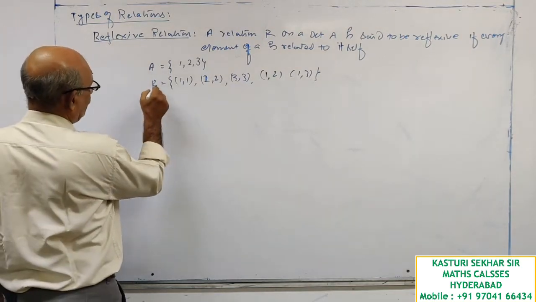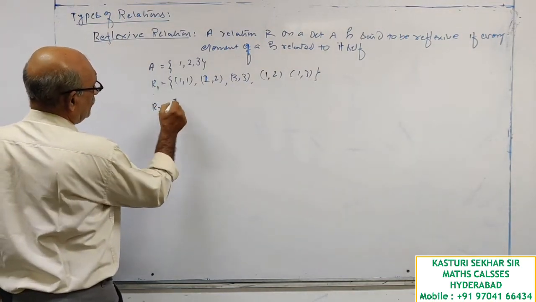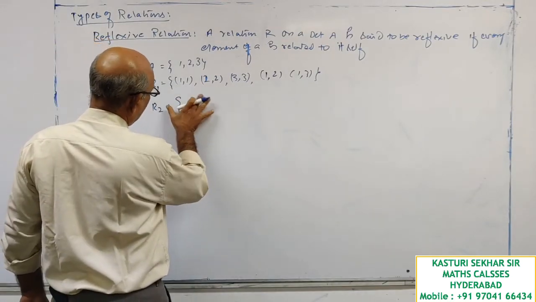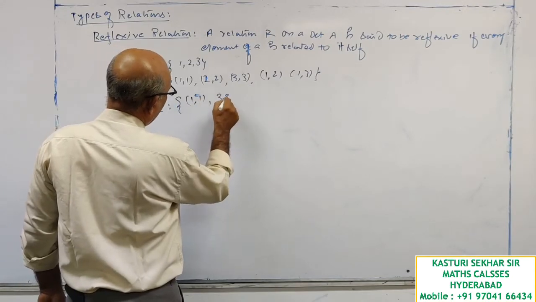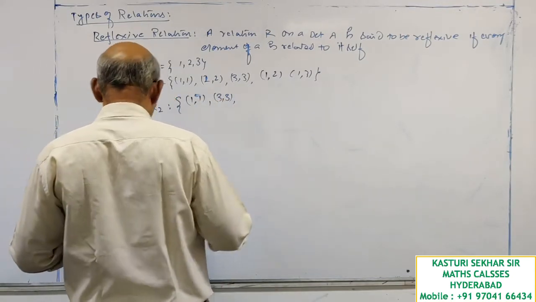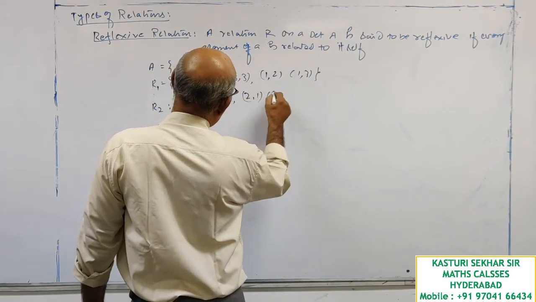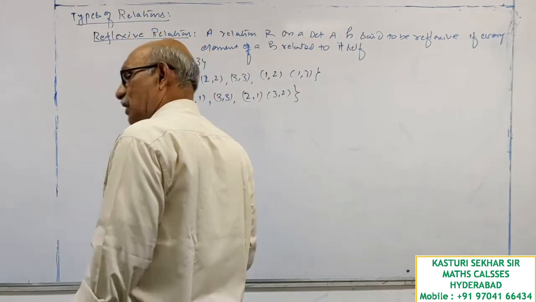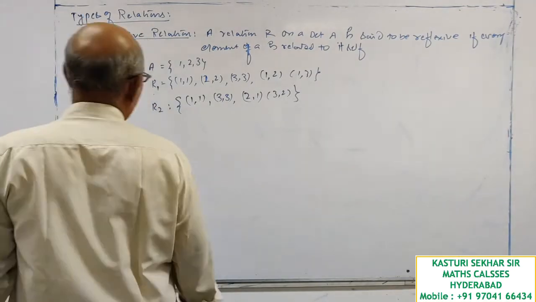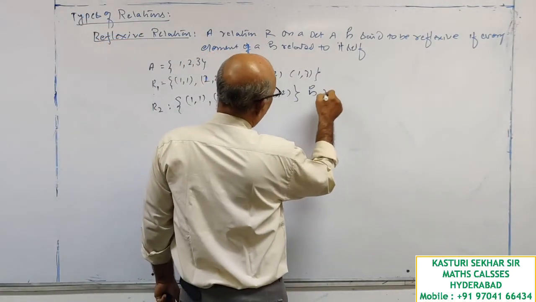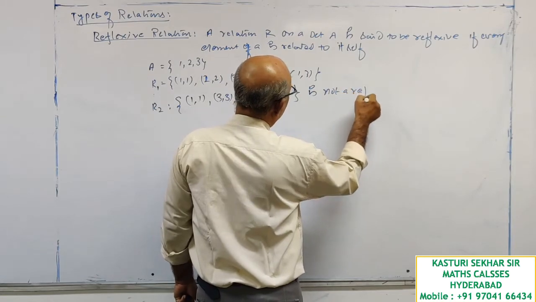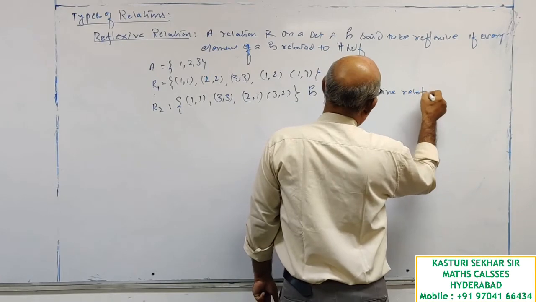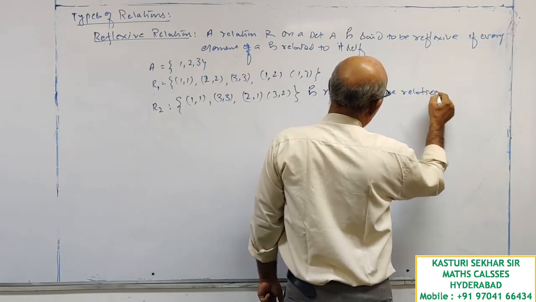Let us see another example. (1, 1), (3, 3), (2, 1), (3, 2). Now you have to say whether R2 is reflexive or not. It is not a reflexive relation.